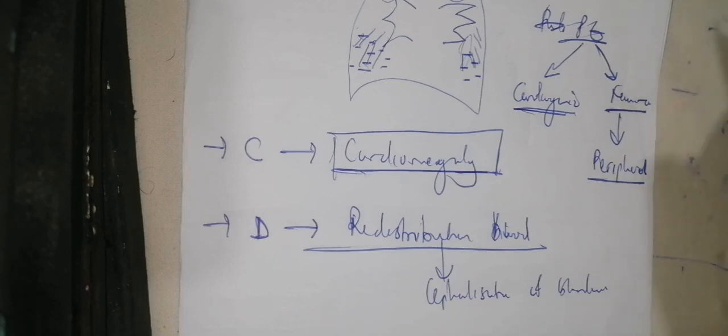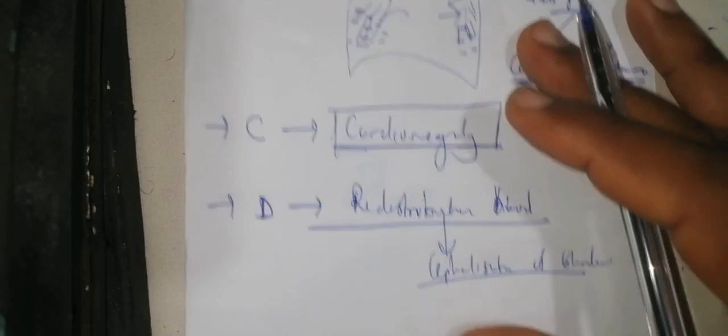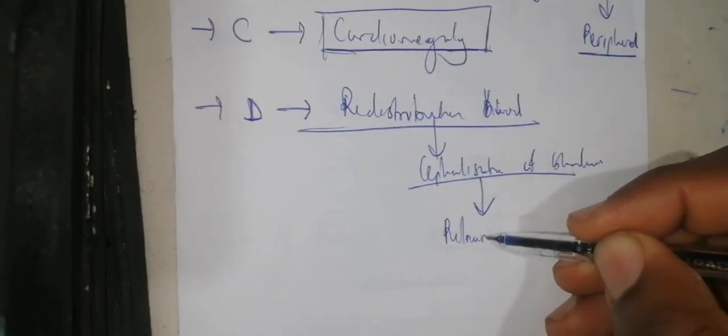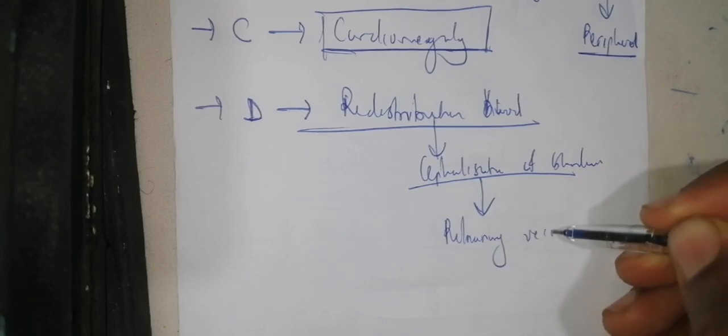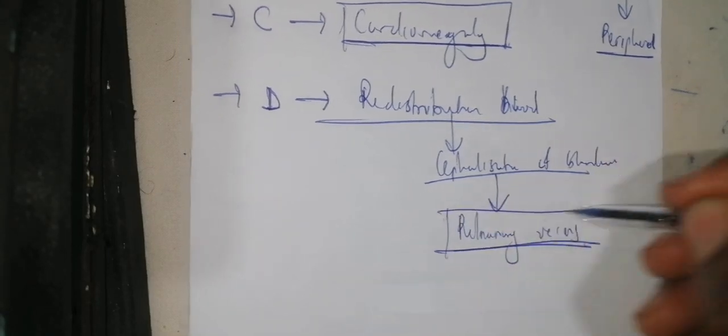And since there is congestion of the blood vessels, that's why you are going to have cephalization of the vessels. Why? Since there is congestion, you're going to see more of the pulmonary veins than the arteries.